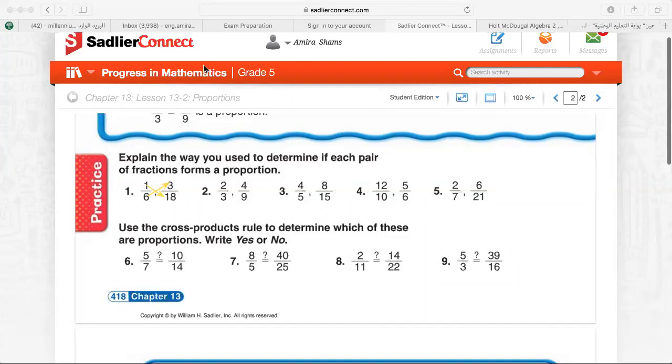So the cross products are equal, and they are proportional.